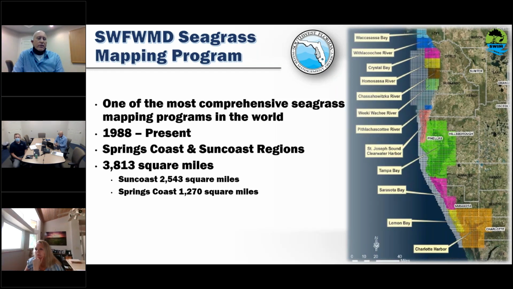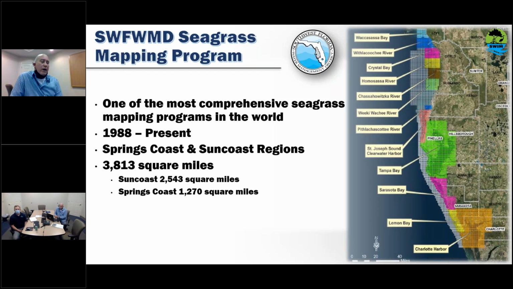All total, we've got about 3,800 square miles that we map. That's not to say that's how much seagrass there is, but that's the aerial extent of what we map. And in case you haven't figured it out yet, we are an aerial mapping program. So we collect imagery, and we'll talk a little bit about that in a second.